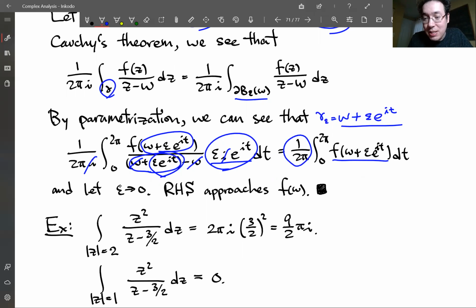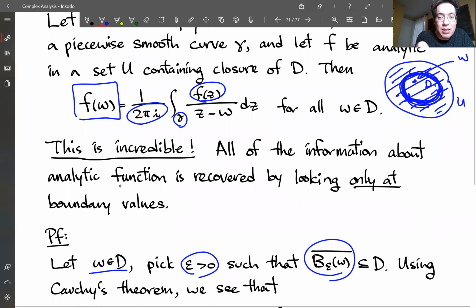In the limit, it'll just be f of w. So we're integrating pretty much the constant f of w from 0 to 2 pi, and we're dividing by 2 pi. So we're just going to get f of w. And that's exactly what we wanted to prove, right? This formula gives us f of w.